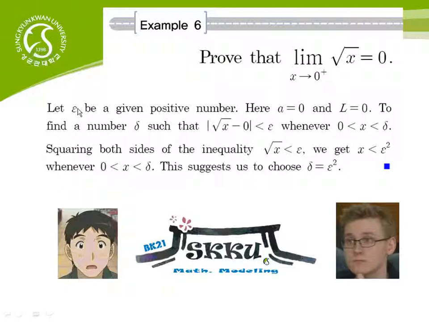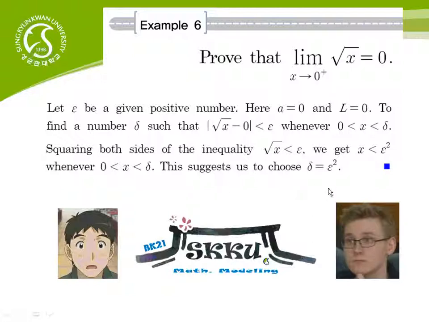For arbitrary epsilon, if delta is chosen as epsilon squared, then the square root of x minus 0, which is the square root of x, is always less than epsilon. Because x is less than epsilon squared, the square root of x must be less than epsilon. You know what I mean?